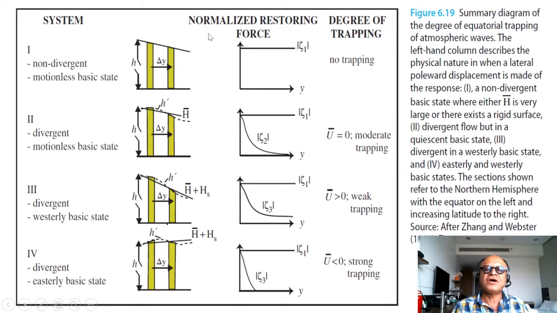If we have a normalized restoring force that is either the beta or mean depth and so on, Hs bar sloping, etc. So if you have a non-divergent motionless basic state, so the surface height is in that case constant, and you displace the column, fluid column, in the direction of a smaller h.